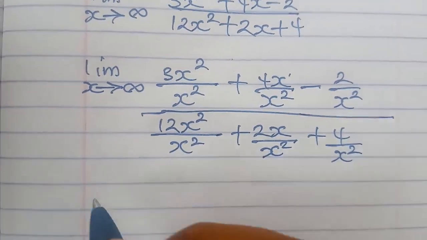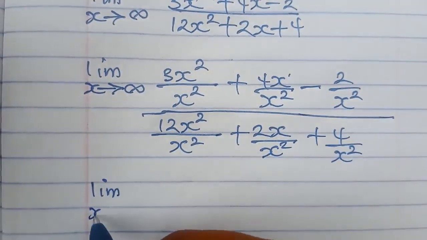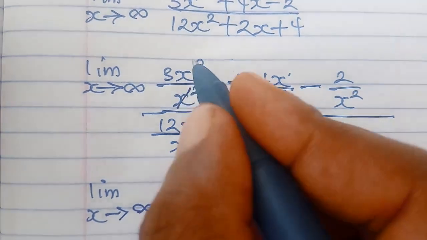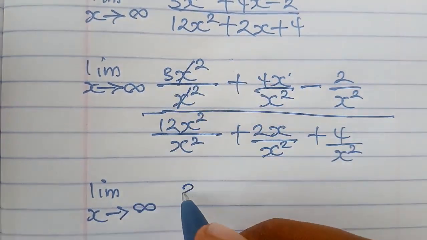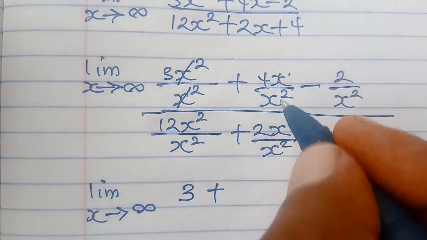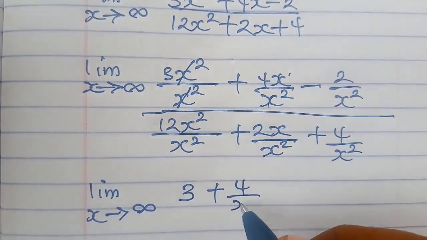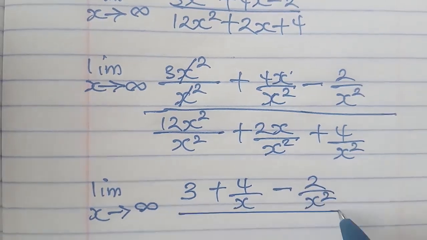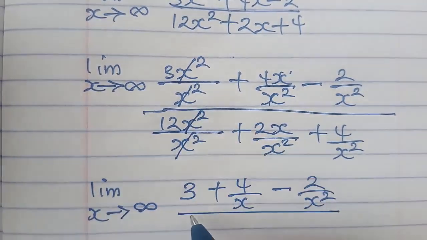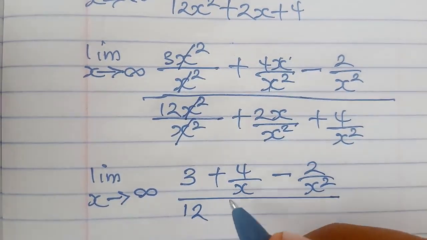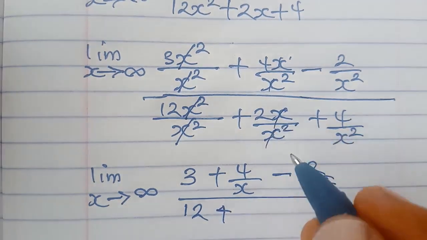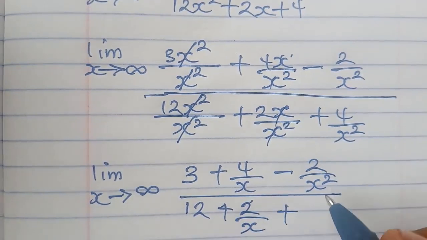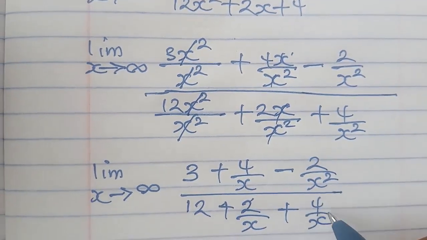Having this now, limit as x tends to infinity, this will cancel out this. So on top we have 3 plus 4 over x minus 2 over x squared, all over 12 plus 2 over x plus 4 over x squared.